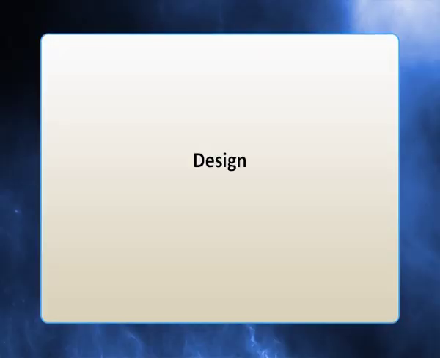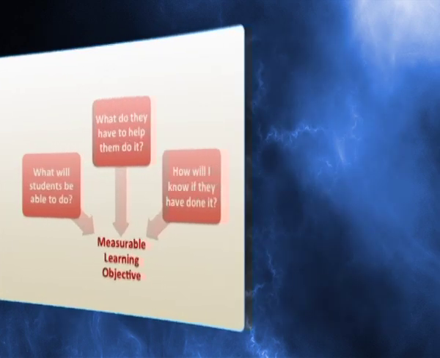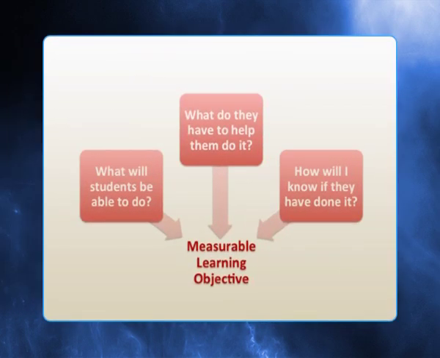Second, design. The second phase is the design phase. In this phase, instructional designers begin to create their project. The design phase begins with writing a learning objective. Tasks are then identified and broken down to be more manageable for the designer.